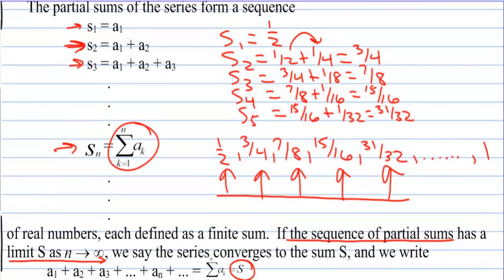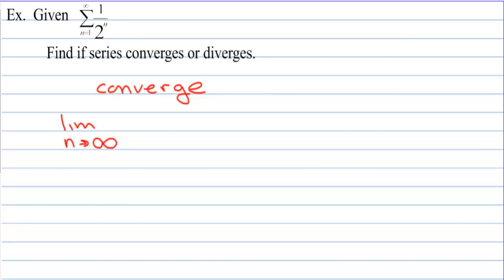Look how the bottoms are the powers of 2, and the tops are 1 less than the power of 2. So we can write a little formula to represent the sequence of the partial sums. The bottom is the power of 2, and the top is the power of 2 minus 1.